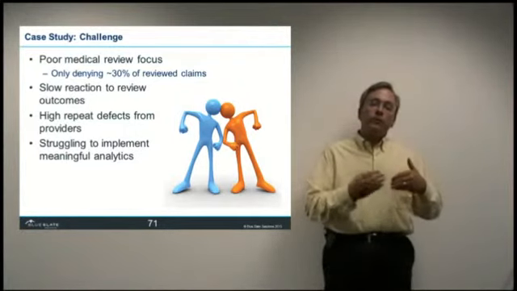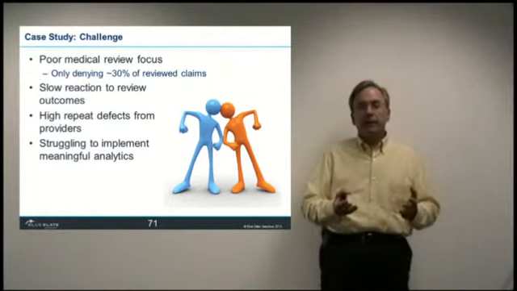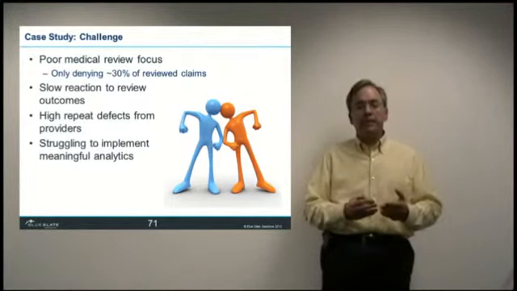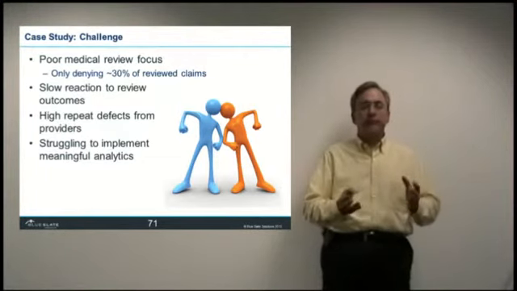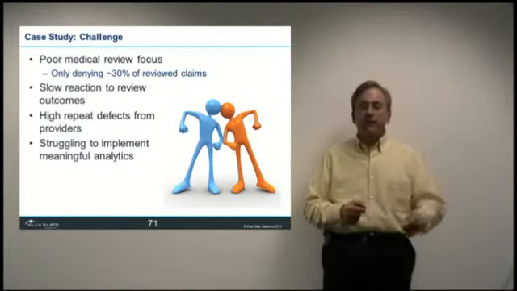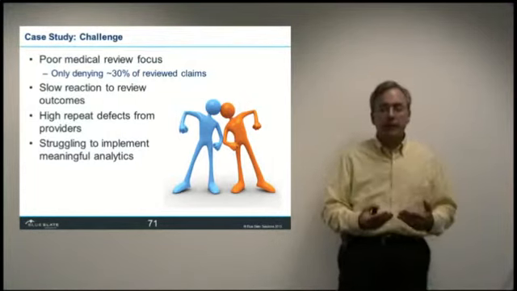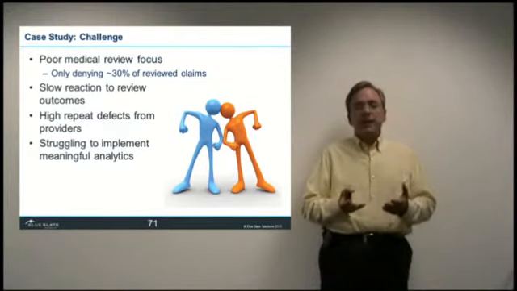They also were suffering from repeated defects. So a lot of times what gets the glamour around medical review and claim denials is fraud. We talk about fraudulent providers or entities that set themselves up as providers and send in fictitious claims and try and bring in money. But in a lot of cases, these claim errors are just that, they're mistakes.